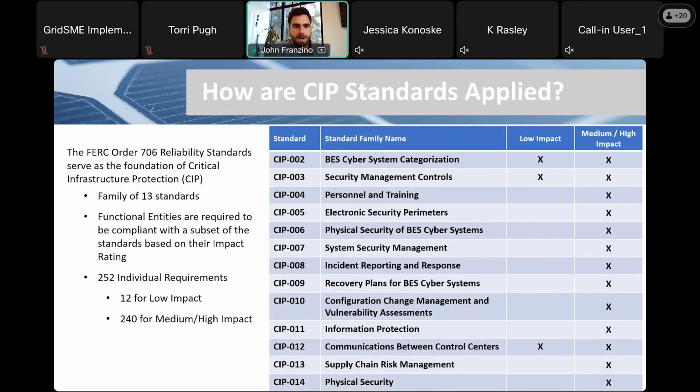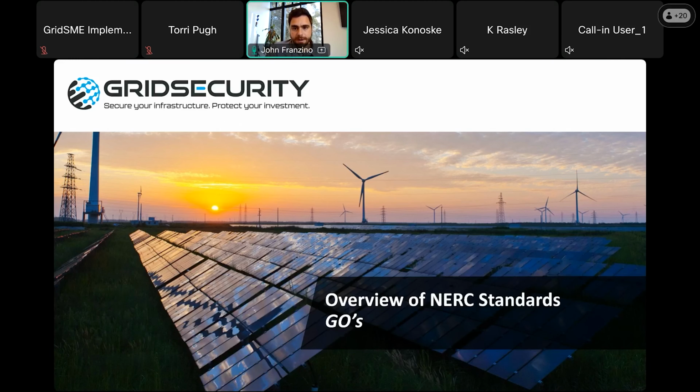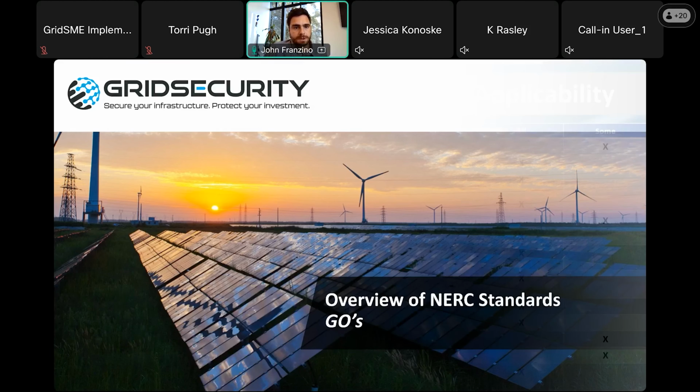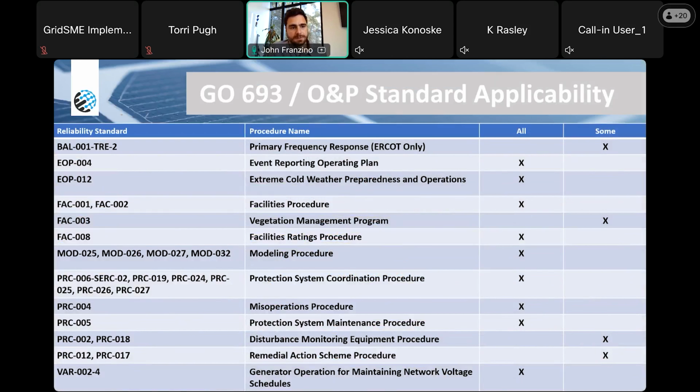All right, let's get into the fun stuff. Generator owners. So here's a high-level view of the different reliability standard families and associated standards that are applicable to generator owners. As we discussed in the NERC 101 session, applicability is primarily derived and driven by your functional registration.